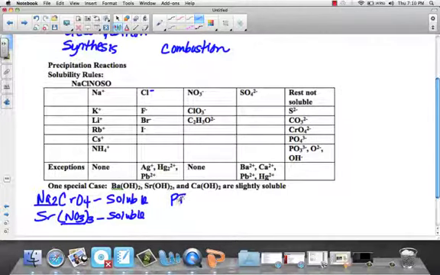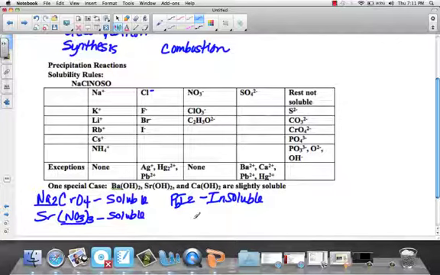PbI2: the I falls under the Cl, the halogens, which are soluble with the exception of mercury, lead, and silver. So this is going to be insoluble.